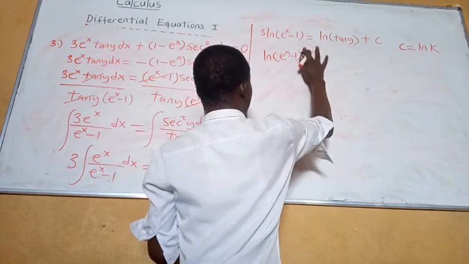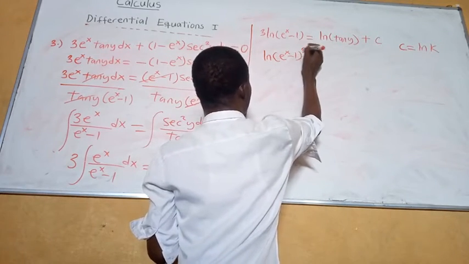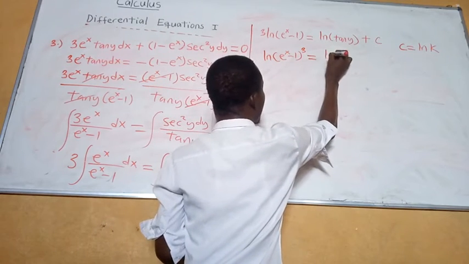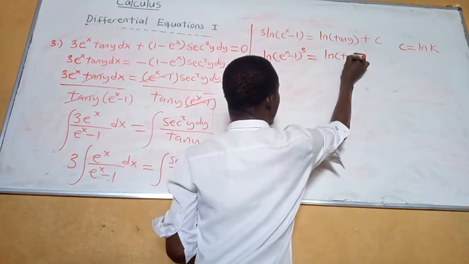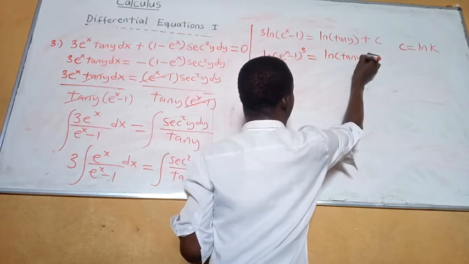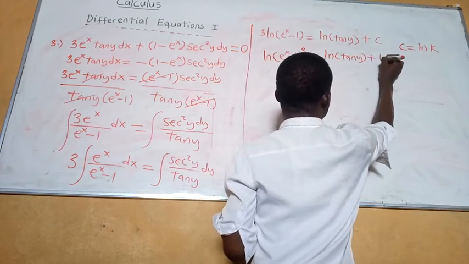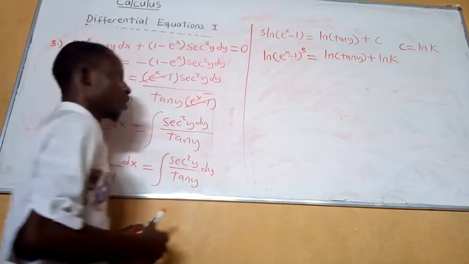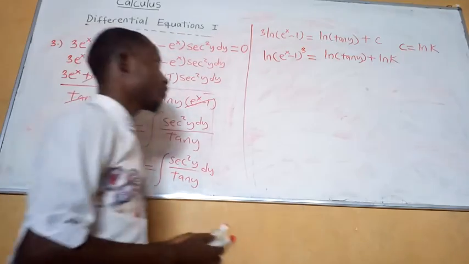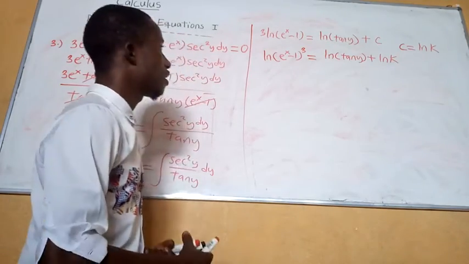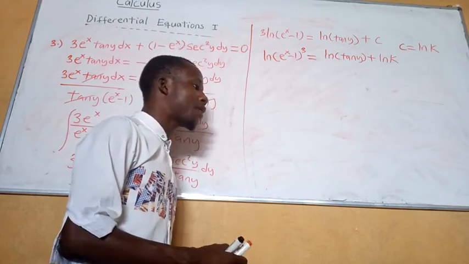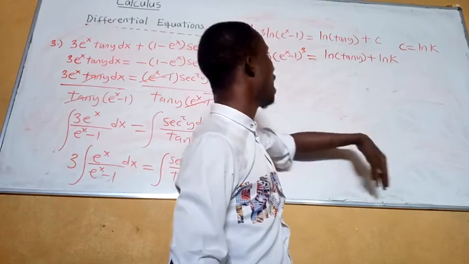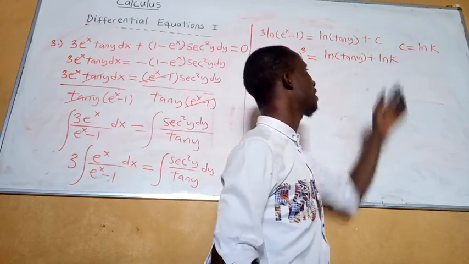So we have ln of (e^x minus 1) cubed equal to ln of tangent of y plus ln of k. Now the problem is much easier for us to simplify, so we can apply the property of logarithm here. Since we are faced with addition, we can multiply tangent of y by k.